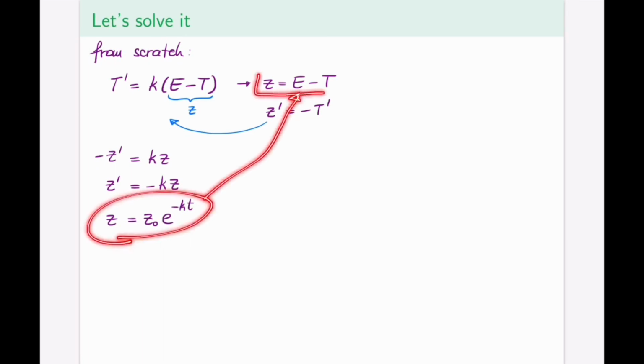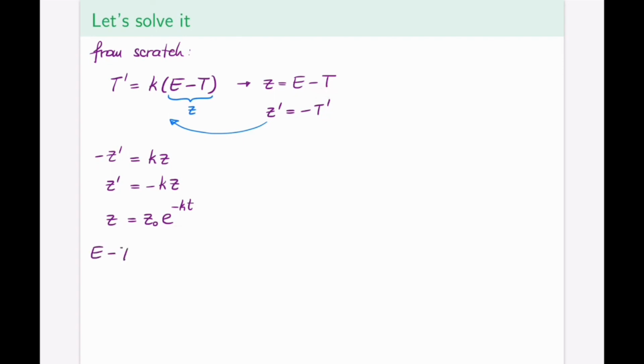Once I have a solution in terms of z, I would like to bring it back to the solution in terms of my original variable, which is T, and I'm going to use this relationship between the two variables to rewrite my current solution in terms of T. So z on the left-hand side is simply E minus T. Z naught is going to be E minus T naught, and I have e to the power of minus kt.